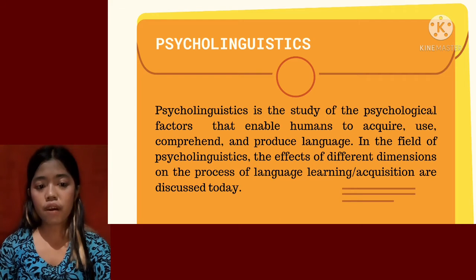Psycholinguistics is the study of the psychological factors that enable humans to acquire, use, comprehend, and produce language. In the field of psycholinguistics, the effects of different dimensions on the process of language learning or acquisition are discussed today.